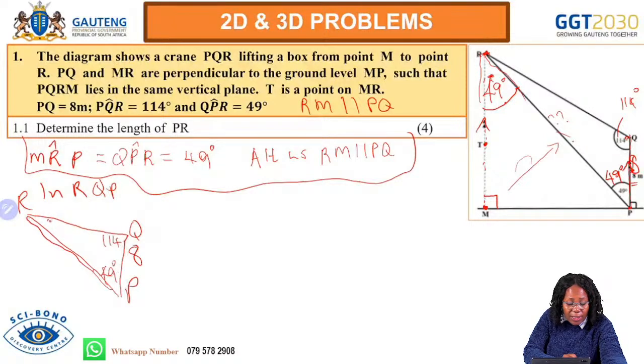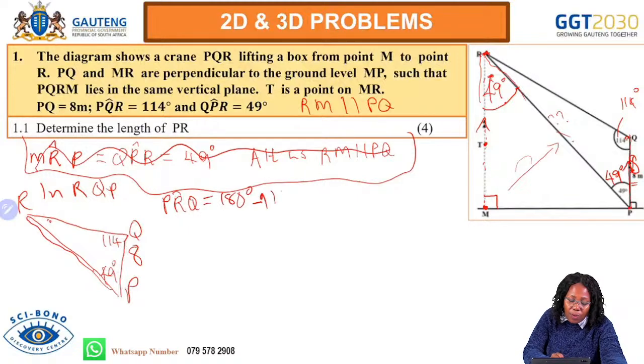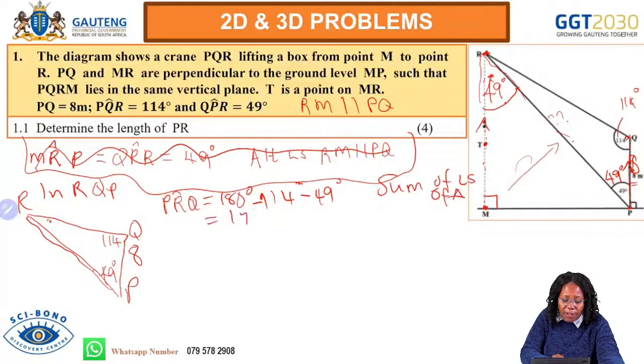So we can calculate that angle PRQ there, okay? PRQ. So in order to find angle PRQ, we are going to say 180 degrees minus 114 minus 49. Why? Because of the sum of angles of a triangle. So now if we subtract the two angles, we'll be left with 17 degrees. That means this smaller angle here is 17 degrees. Happy now we are having an angle 17 degrees.